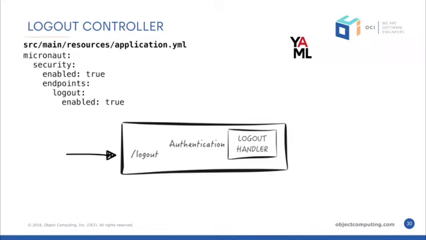There is another controller that you can enable, which is the logout controller. You enable the logout controller in the same way: you set micronaut.security.endpoints.logout.enable to true. The logout controller doesn't take any parameters, but what it will do is retrieve the authenticated user.